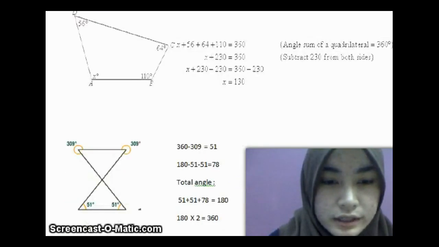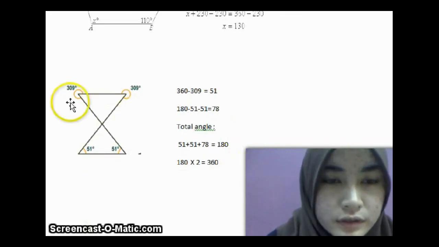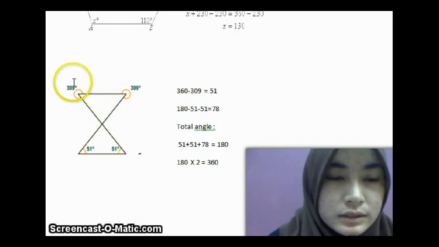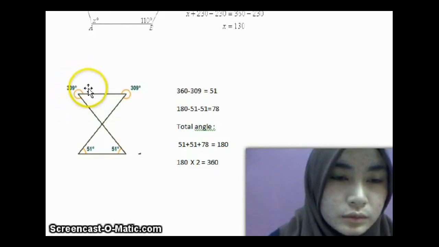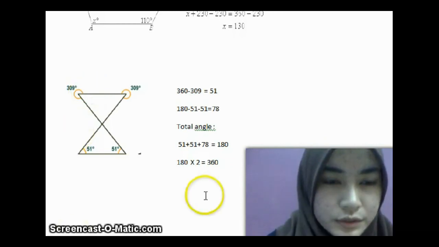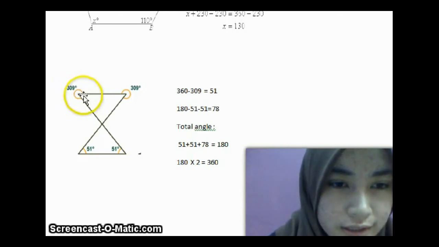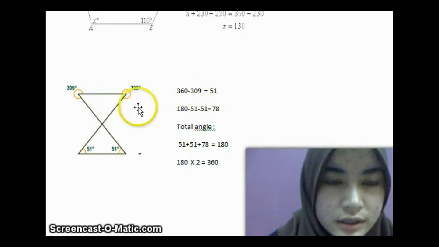And the second example is for the complex quadrilateral. As we know that the total angle is 360 degrees. So to get the angle here, we need to subtract 309 from 360 degrees, so we can get 51.